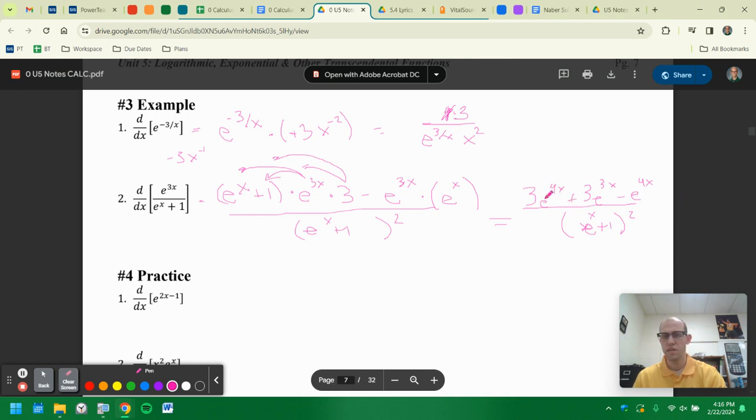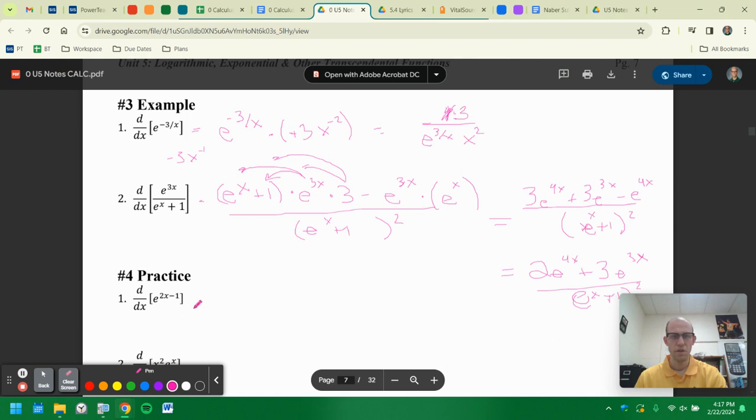And it looks like we have e to the 4x, we have minus another e to the 4x, so we could say we have 2e to the 4x's and 3e to the 3x's. And we would probably want to factor out an e to the 3x just to make it a little more clean cut, but that is an appropriate answer.